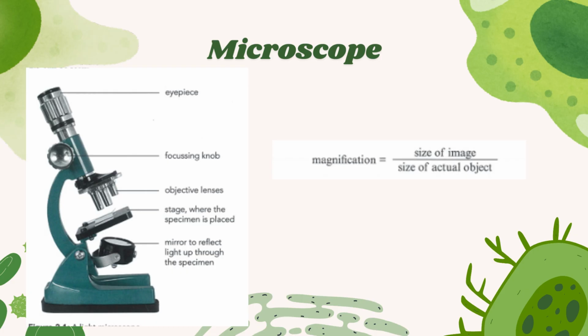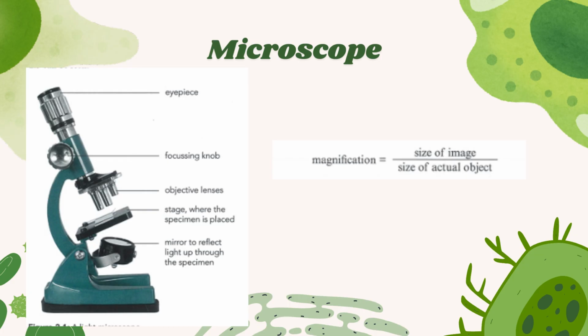There are two types: rough focusing knob and smooth focusing knob. As well, this is a light microscope, so there is a light source. In the old version there was a mirror, but in the latest version there is a light we plug into the current, and if we switch it on, the bulb emits light and we can see our specimen very clearly.